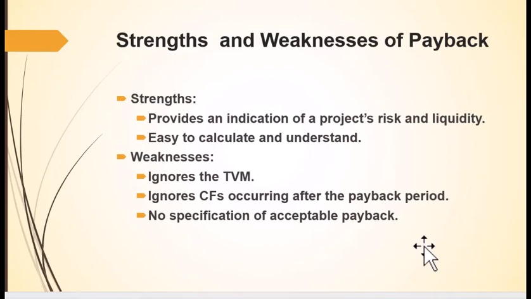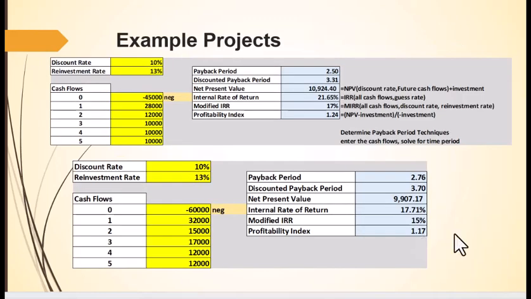How long do we want to take to get our money back? That will certainly impact our acceptance of projects, so we want to be very careful about what number we pick. If we look at the numbers for our projects, 2.5 is the payback for A, 2.76 for B. A is better than B.